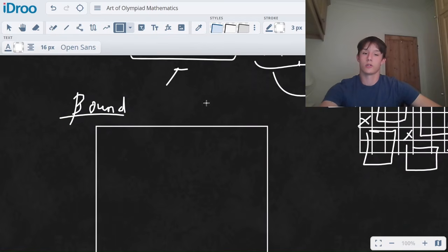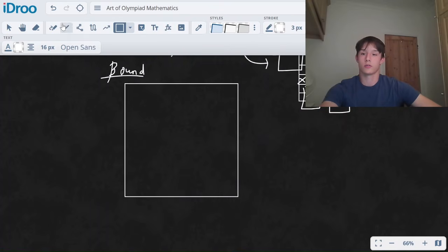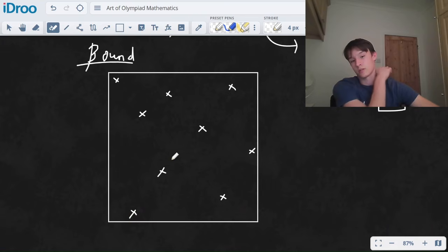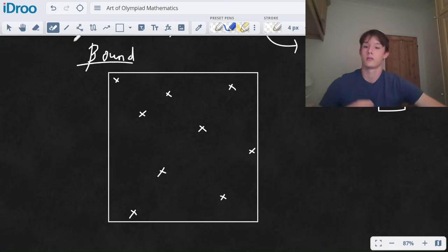So we draw this board and we basically have certain crosses at some point, and we're trying to make everything work out. So we have whatever amount of crosses, and we're trying to fill out the empty spaces with squares, so with rectangles.